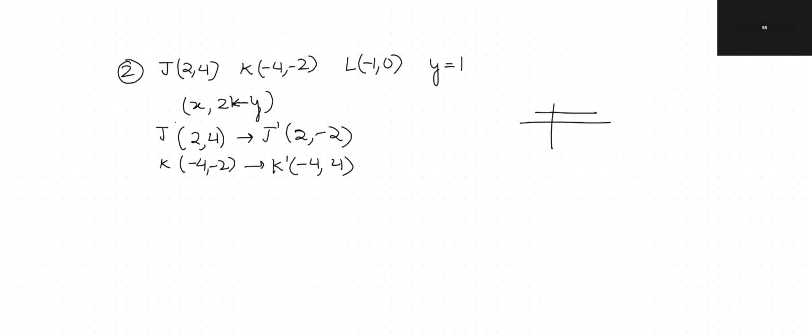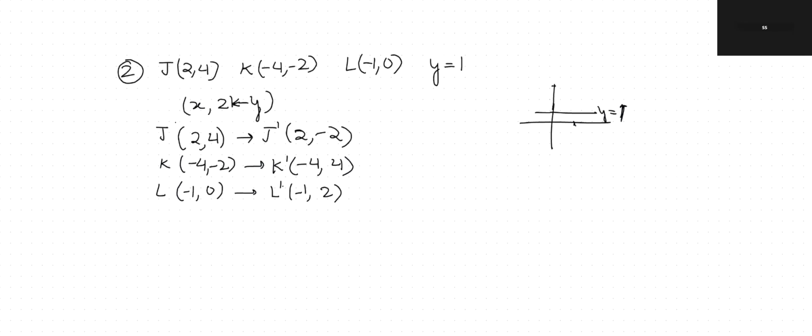And L is -1, 0, so L dash will become -1 and 2. We can also check geometrically. So this point J is 2, 4, and this is the line y is equal to 1. So J is 2, 4.